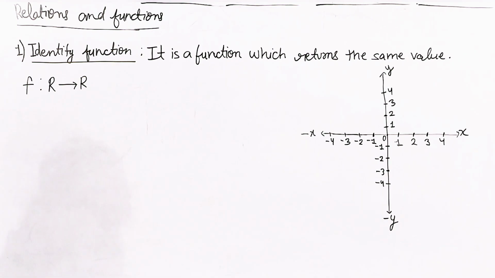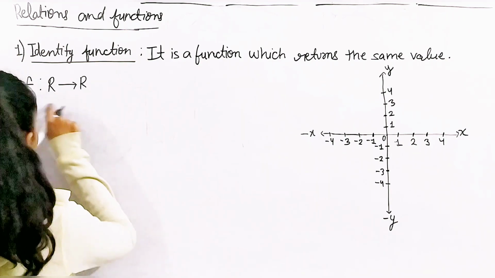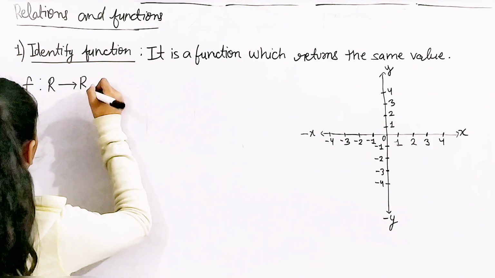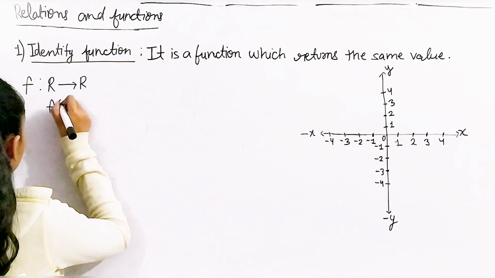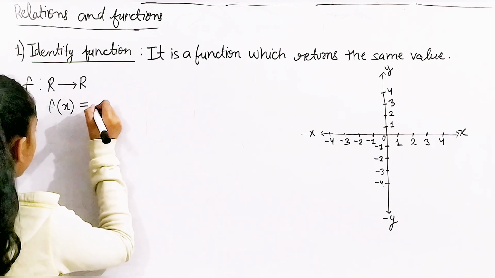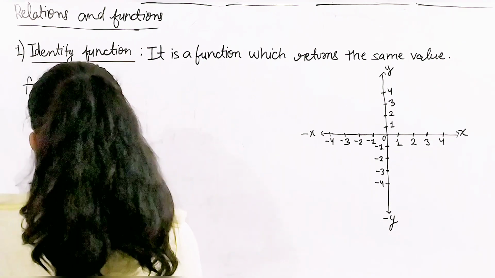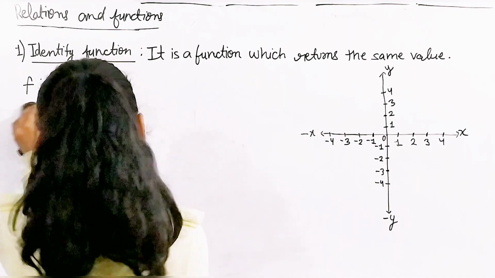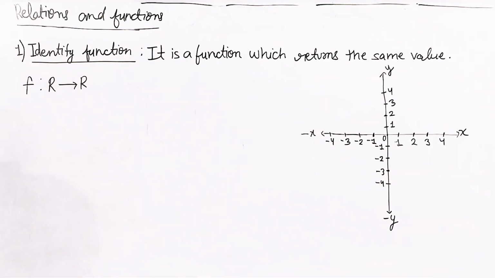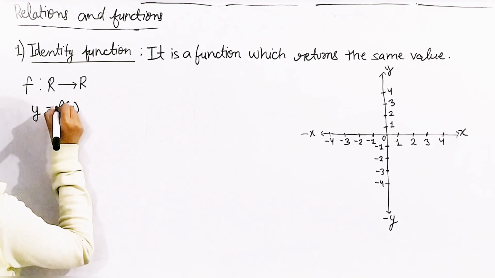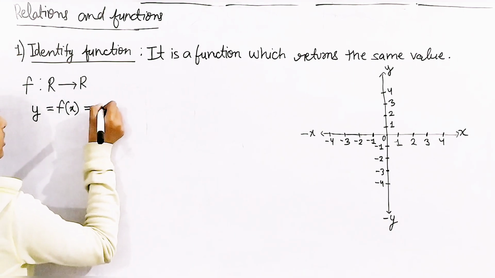So we have a function from R to R, and what's special in that function is that y is equal to f(x), and f(x) is equal to x.